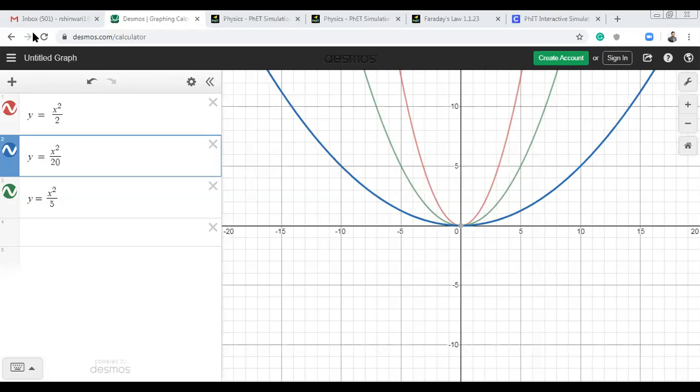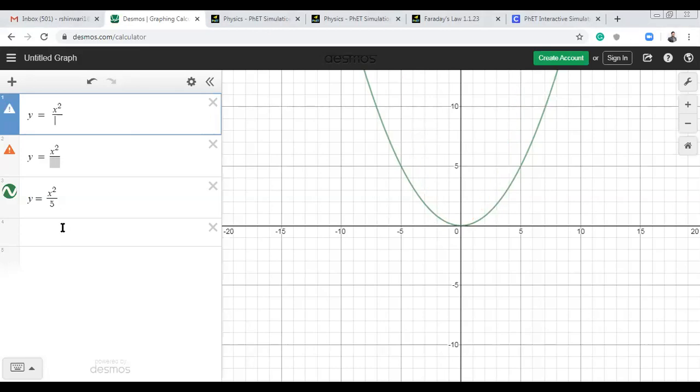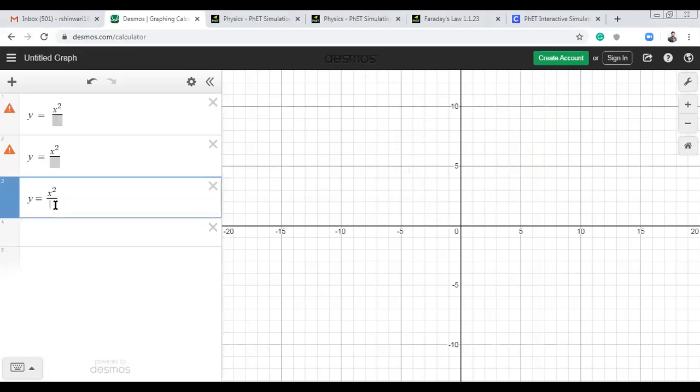Okay, so let's see. Yes, you are transforming the graph. This is like a reflection of the graph. We have a function, x square.